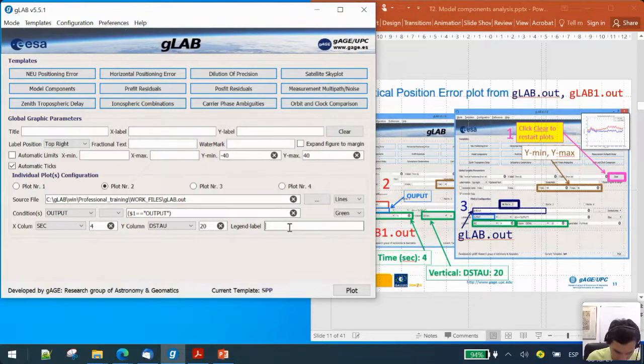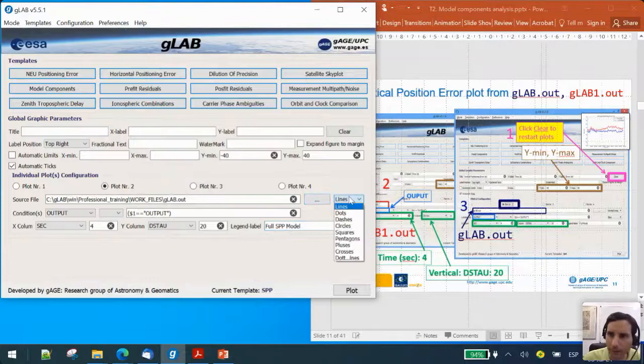So let's write something to distinguish the time series that we will be plotting. So for example, we can write full model, or original processing, or whatever you want, like full SPP model, with all the terms of the standard.